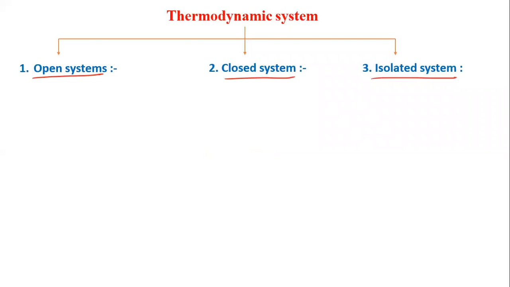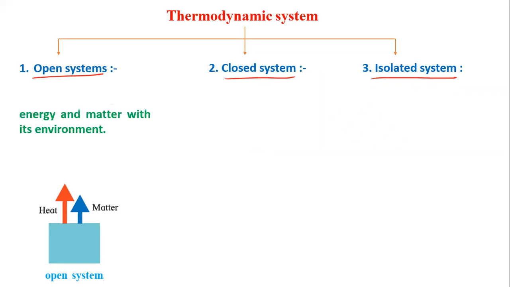Now, what is an open system? An open system means the system which allows exchange of energy and matter. Energy means maybe heat energy. A system which allows exchange of heat energy and matter is an open system.